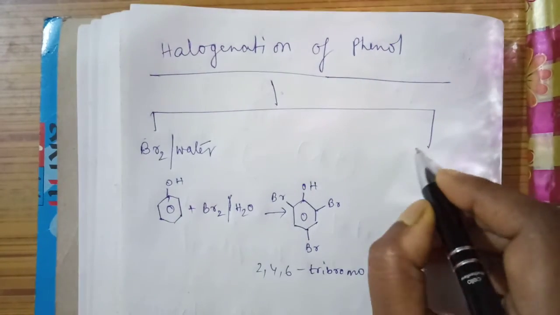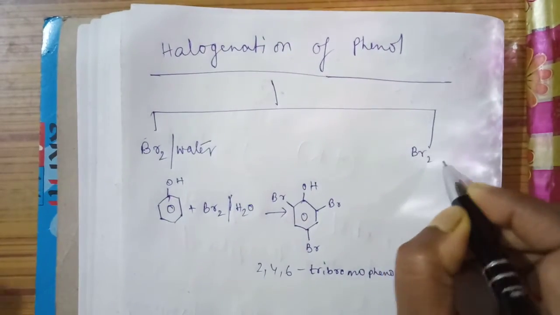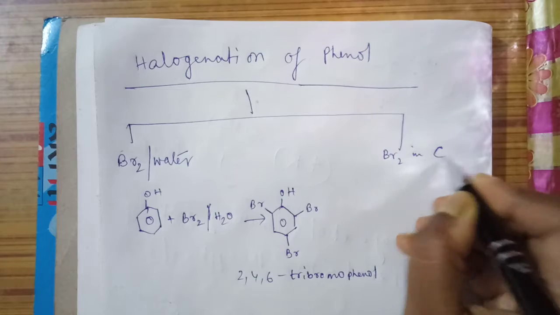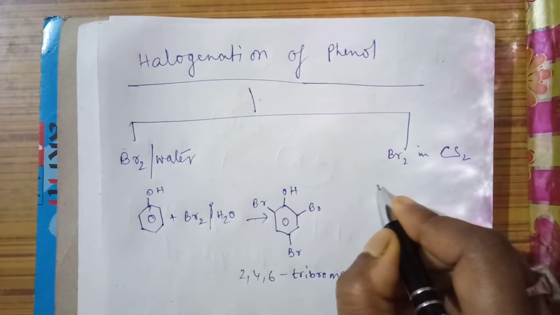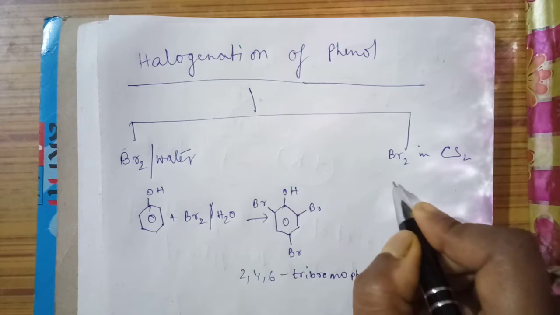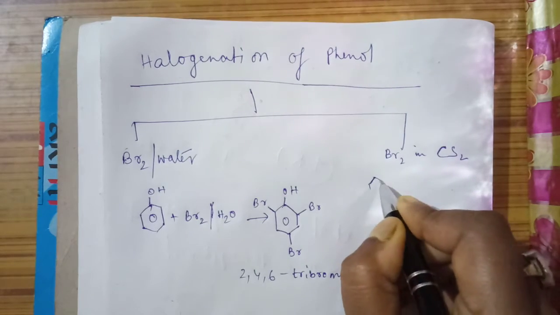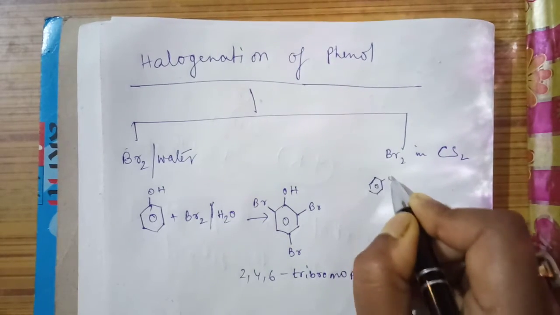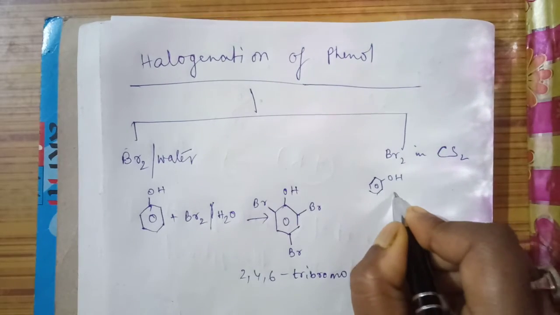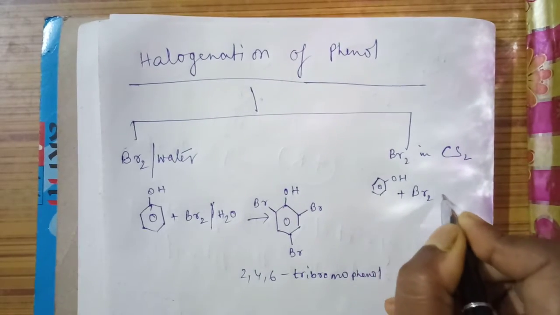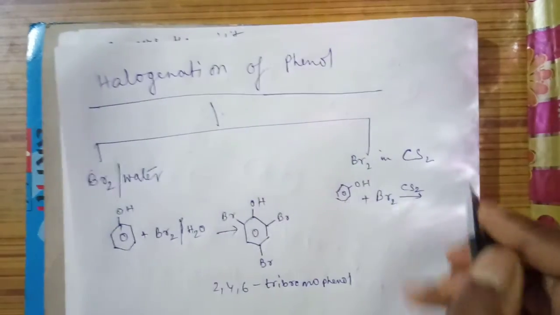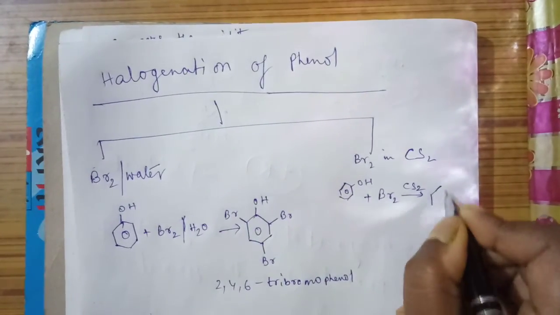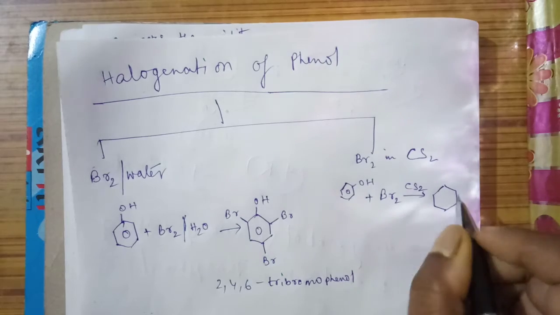Whereas if you give bromine in carbon tetrachloride or carbon disulfide, then what will happen? The phenol with bromine in carbon disulfide, the product will be a monohalo product.